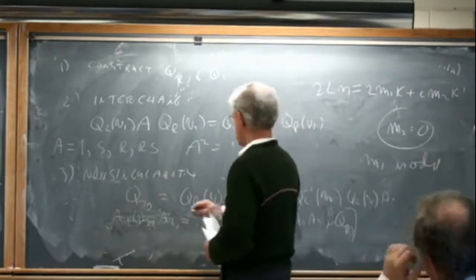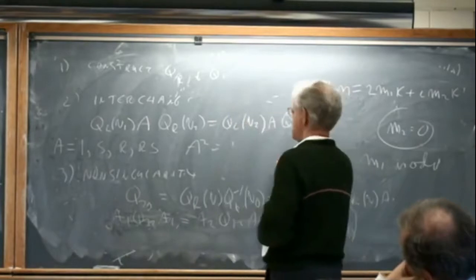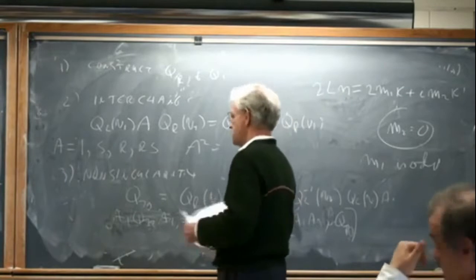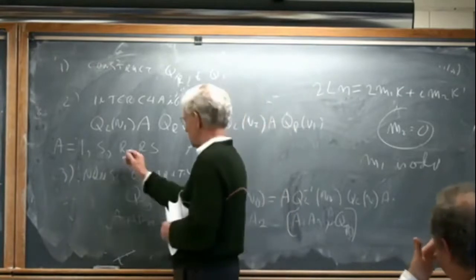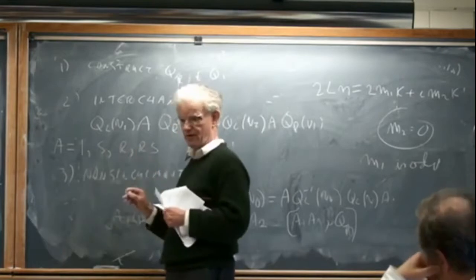Furthermore, the Q72 matrix has the property that it commutes with one of these operators, but does not commute with both of the operators.